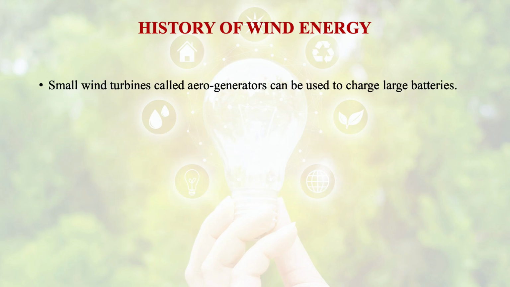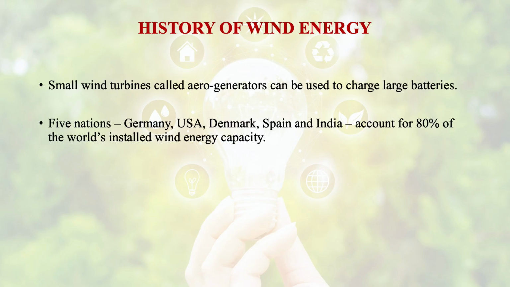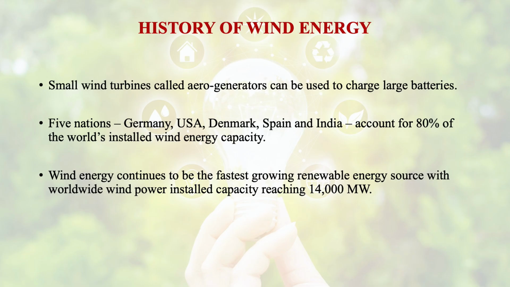Small wind turbines called aerogenerators can be used to charge large batteries as well. Five nations, Germany, USA, Denmark, Spain, and India, account for 80% of the world's installed wind energy capacity. Wind energy continues to be the fastest growing renewable energy source, with worldwide wind power installed capacity reaching 14,000 megawatts.